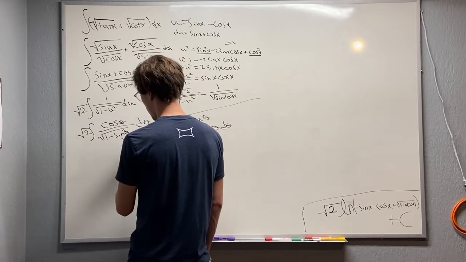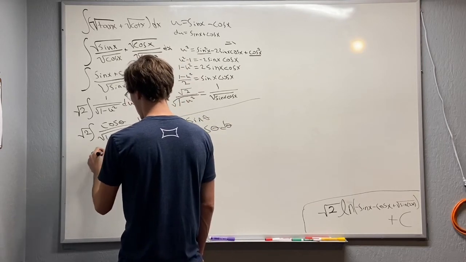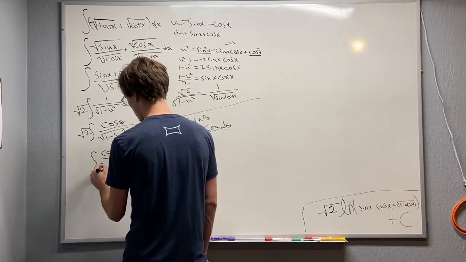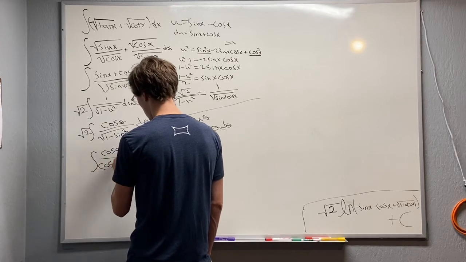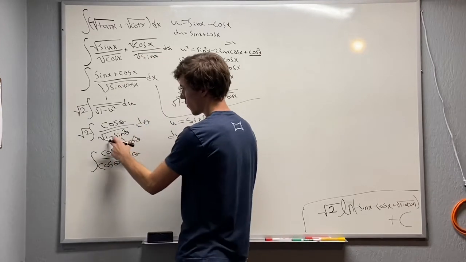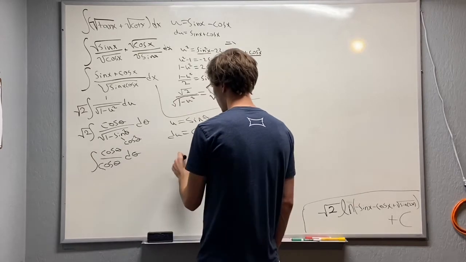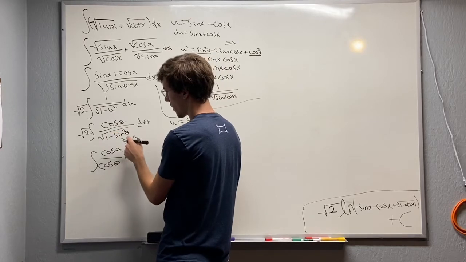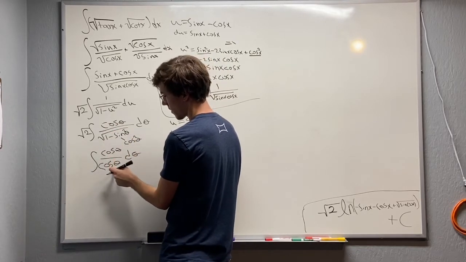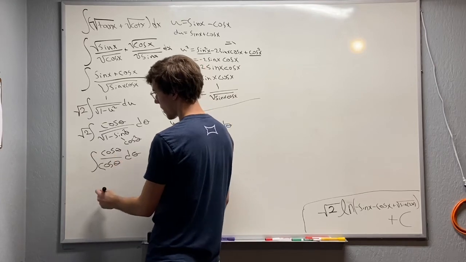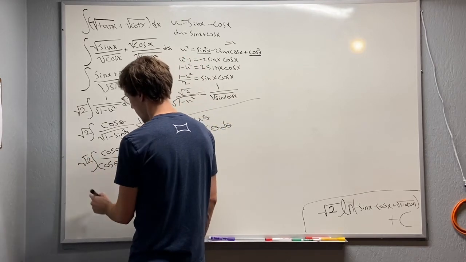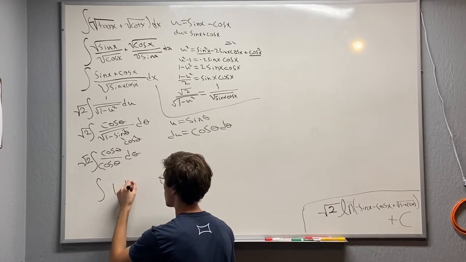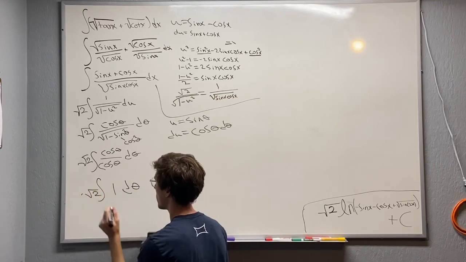Here, 1 minus the sine squared of theta is also equal to the cosine squared of theta. And so we take the square root of the cosine squared of theta and we just get cosine, so cosine over cosine. And so right down here, we're going to get the integral of 1 d theta.